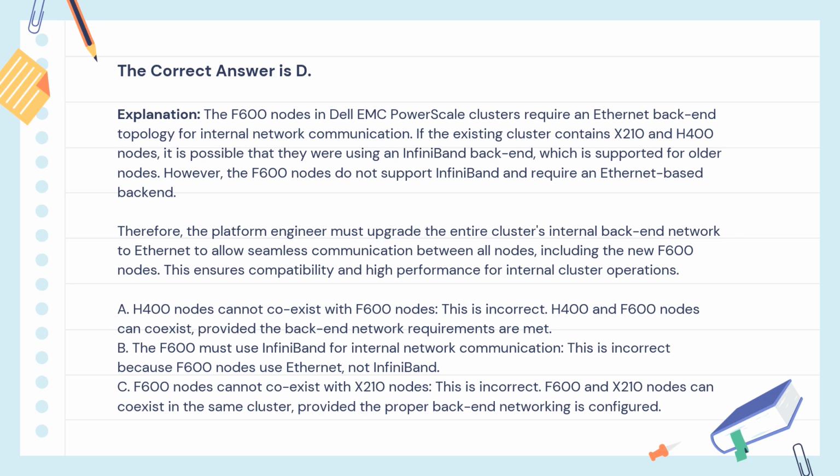This is incorrect because F600 nodes use Ethernet, not InfiniBand. C. F600 nodes cannot coexist with X210 nodes. This is incorrect. F600 and X210 nodes can coexist in the same cluster, provided the proper back-end networking is configured.